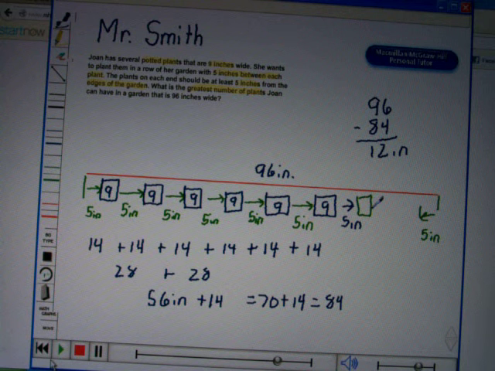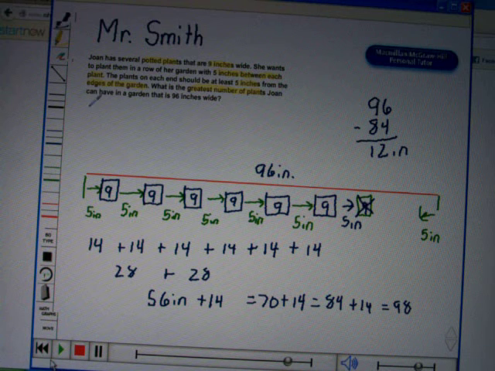Add 14. 84 plus 14 is 98. Ooh. So we don't have room to add another plant. Plus, I went into my 5-inch zone, which I can't plant over. So we can't put this plant in there. There's not enough room.